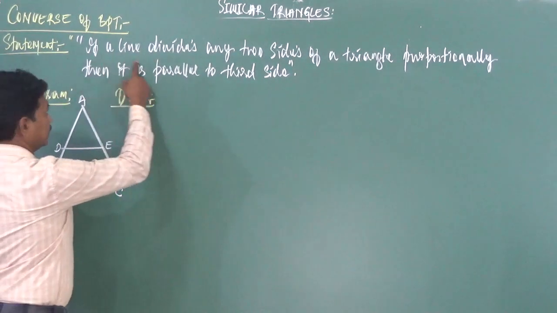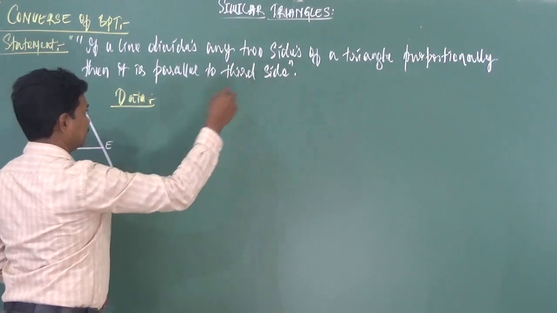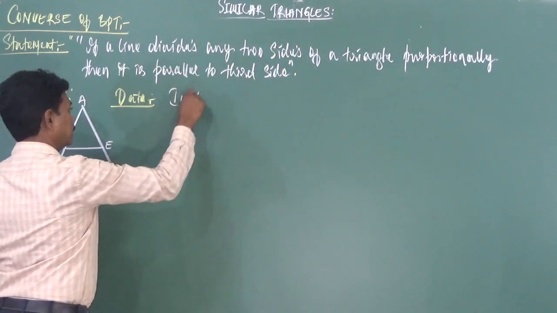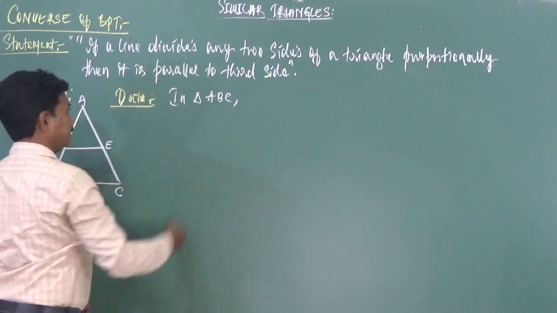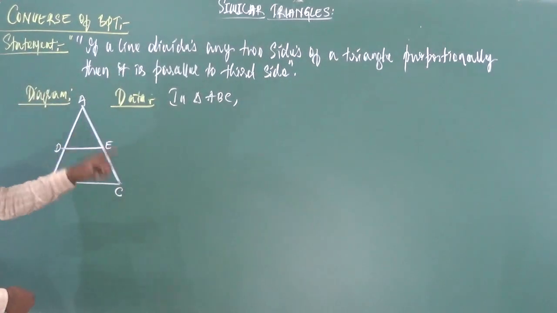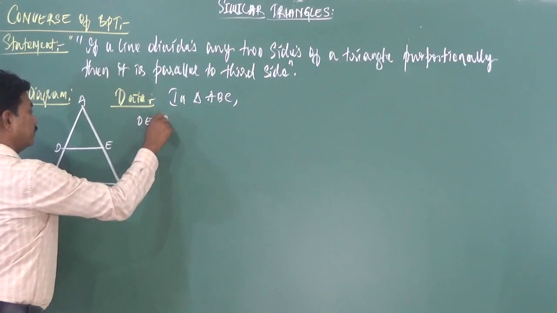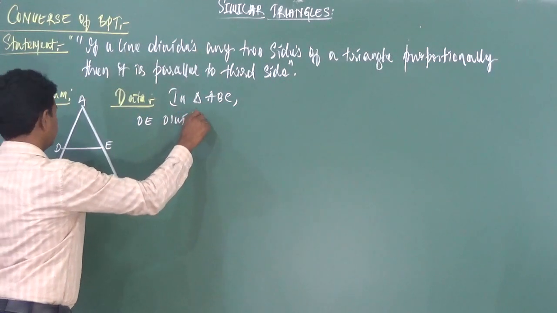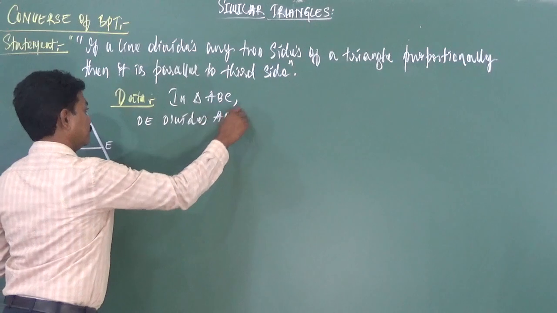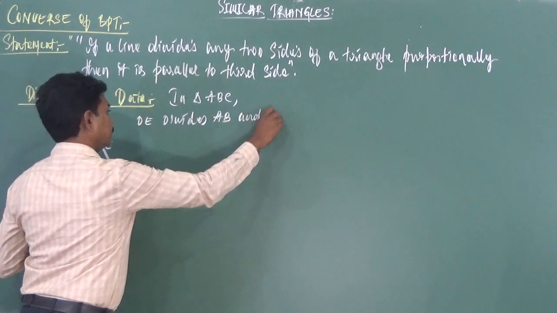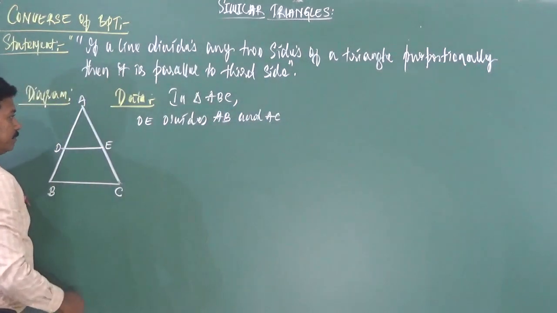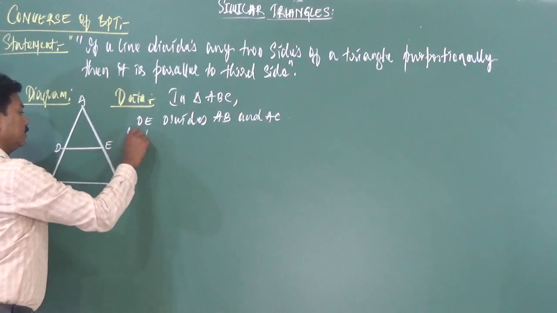That's all. So if a line divides any two sides of a triangle, name the triangle. So in triangle ABC, a line divides any two sides of the triangle proportionately. So DE divides AB and AC in the same ratio.